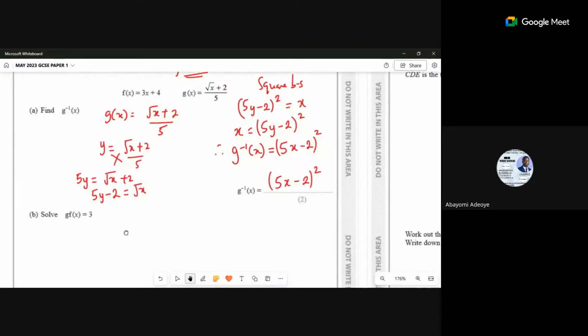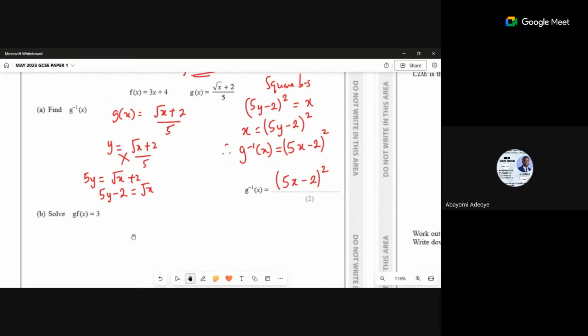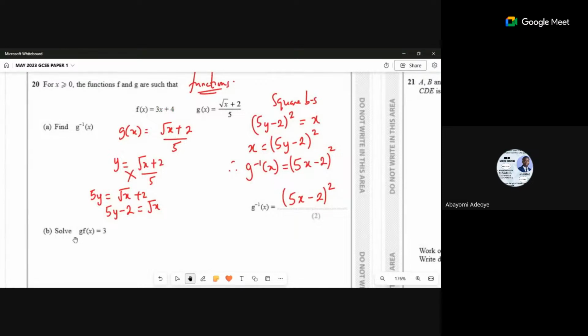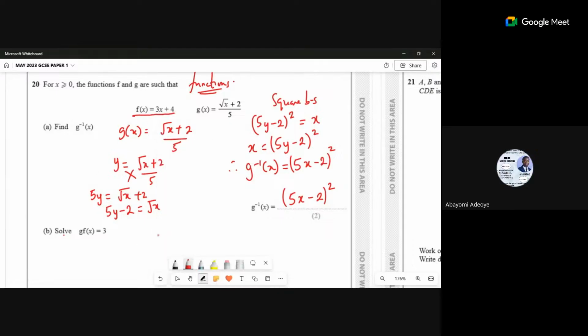So the next one says solve g f of x equals 3. What is f of x? I don't know. F of x is given in the question. F of x given in the question is what? 3x plus 4.